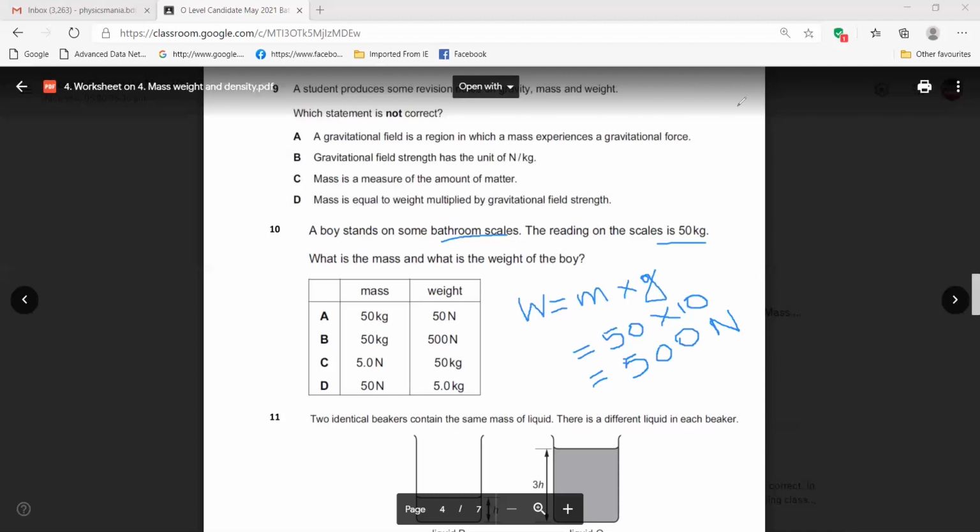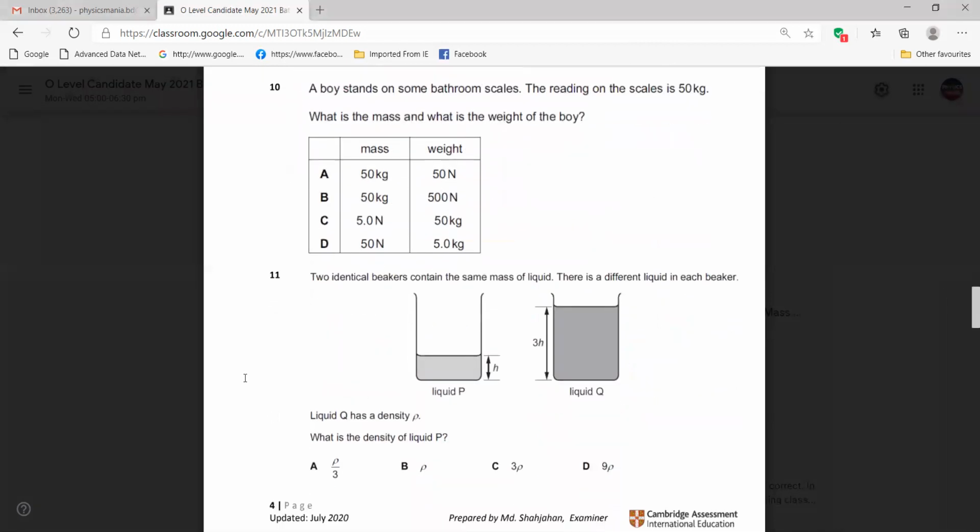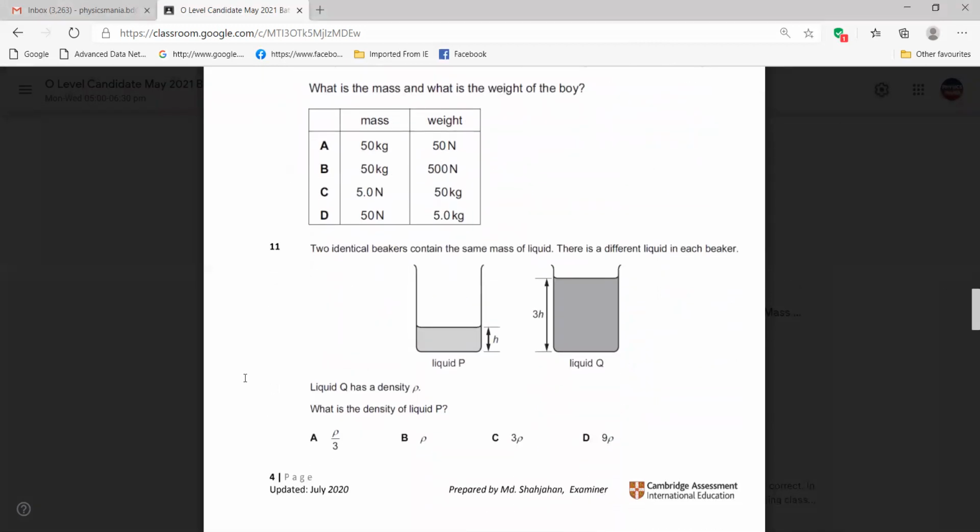Now we are going to the next one. This one is related to density. So which one did you give?